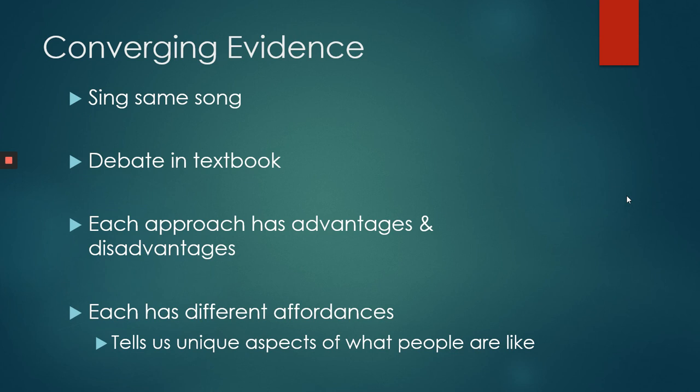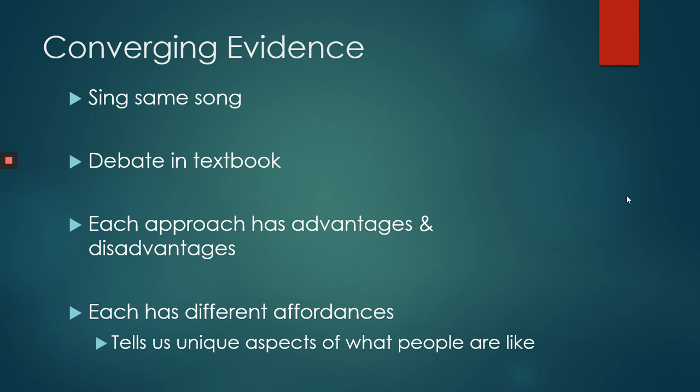And so what's nice in the converging evidence argument is that you complement each other's approaches that way. So you lean on your advantages, and in some ways you make up for the disadvantages of the other approach, and vice versa. The other approach makes up for the disadvantages of your approach.